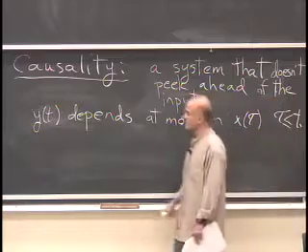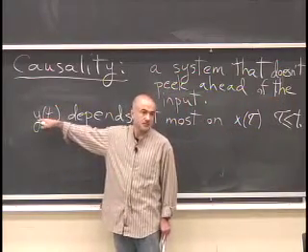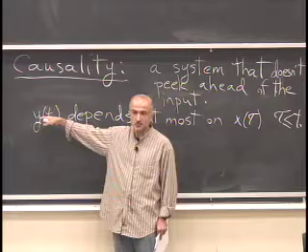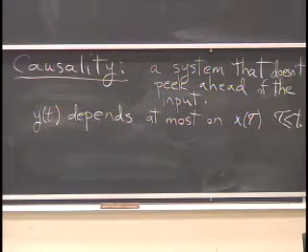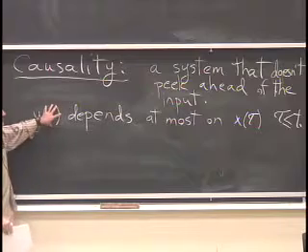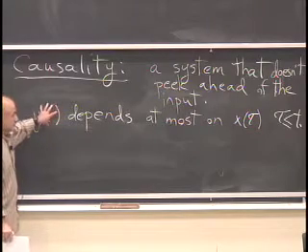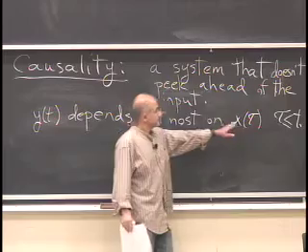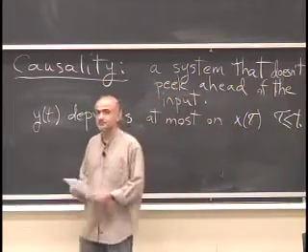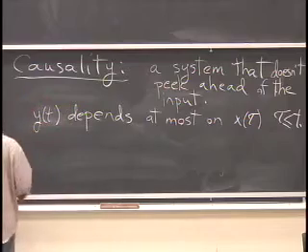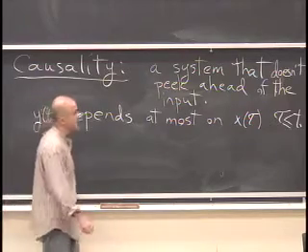Y of t, for example, does not depend on x of t plus epsilon, where epsilon is a positive number, or t plus 1 second, or half a second, or even 1 microsecond. So to produce the output at any given time, the system only looks at the current or past values of the input, x of tau.